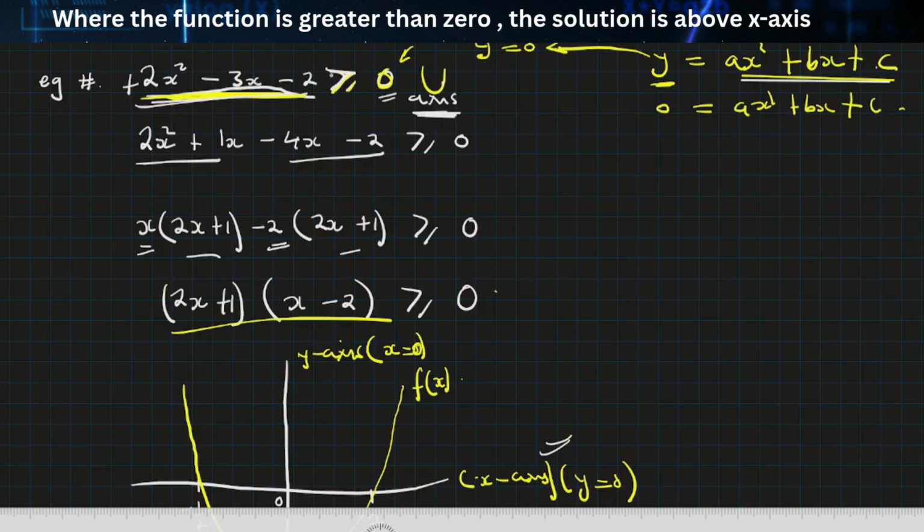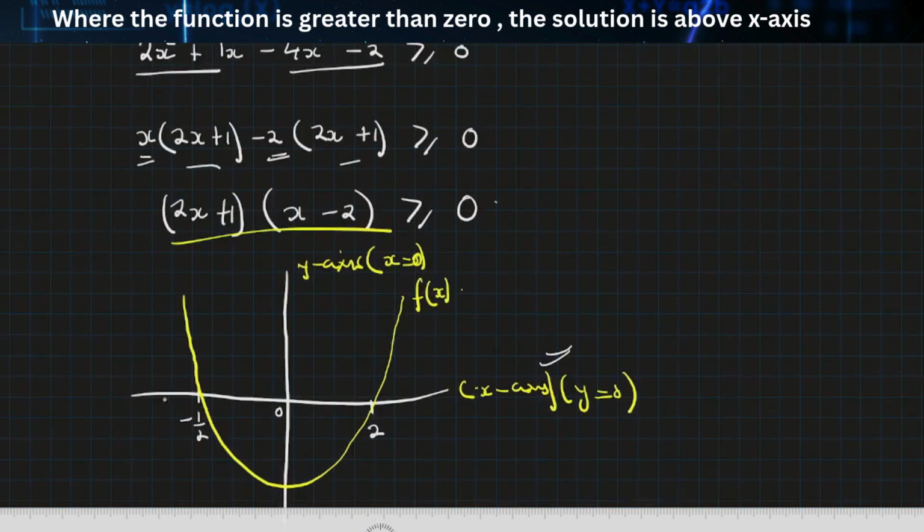So greater than 0 simply means where the function is above the x-axis. Because look, this is y = 0. So any value that is greater than y = 0 is above, which is the red part I just showed.